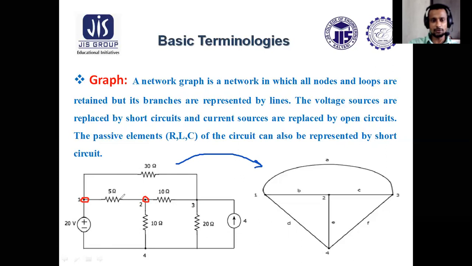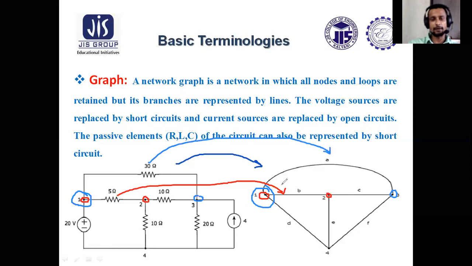In between node 1 and node 2, there is only one 5 ohm resistance connected, which is replaced by branch B. Similarly, in between node 1 and node 3, there is a 30 ohm resistor connected. This 30 ohm resistance will be replaced by a branch having a short circuit.